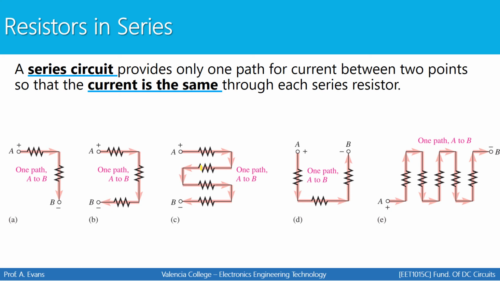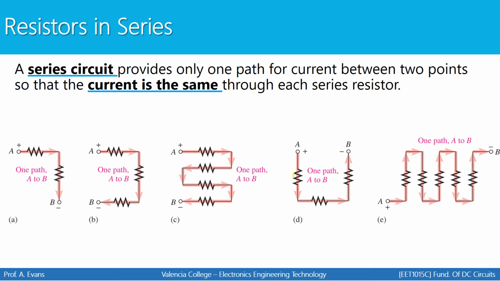There's only one definition of whether two things or a group of things are in series, and that definition is if there's only one path of current to follow. That's it. So don't worry about what the pictures look like. Start from where current enters the circuit, trace that path of current, and ensure that there's only one path. If there is only one path, it is a series circuit.